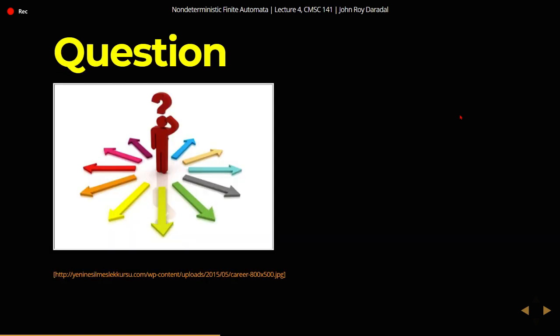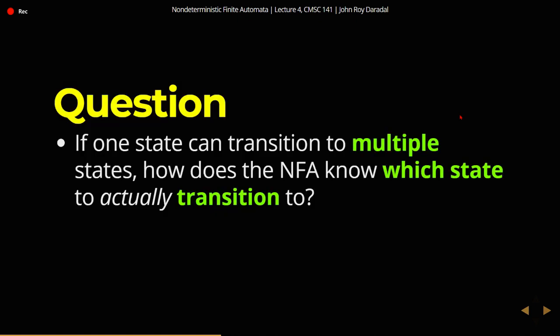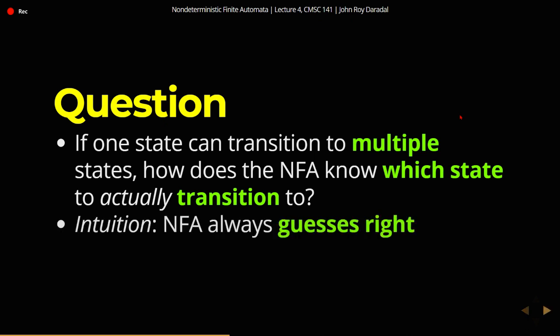Now, a question. The NFA has a lot of choices for which states to go to. So if one state can transition to multiple possible states, how does the NFA know which state to actually transition to in order to go to the final state and be accepted, right? The intuition there is that the NFA always guesses right. You can think of the NFA as a fortune teller or something.